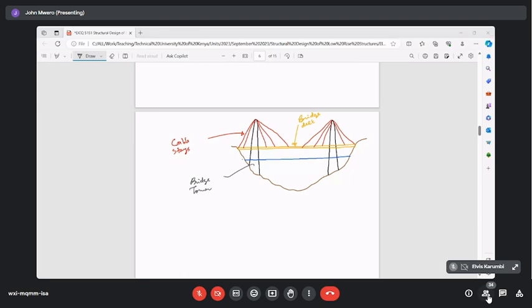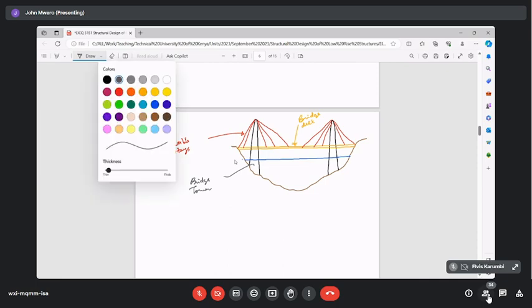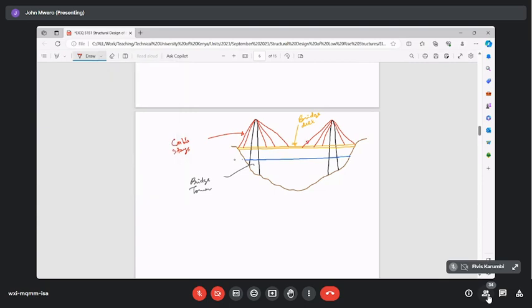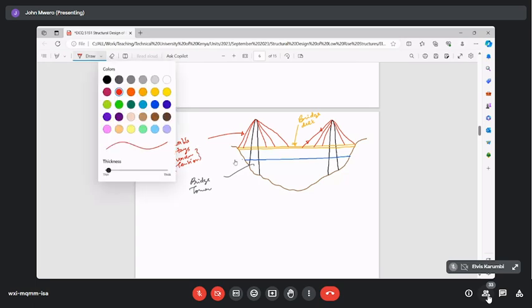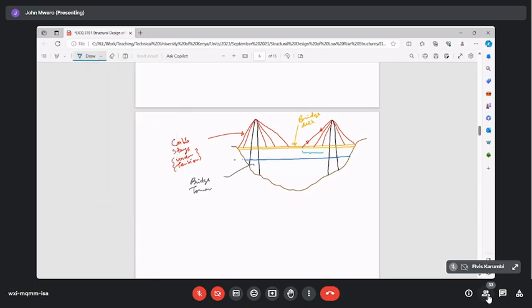The main challenge of this bridge: you notice that the cable stay, since it's under tension, is pulling away from the joint. If you can remember your method of joints, it's under tension. So if you look at this element here, it has to be under compression.